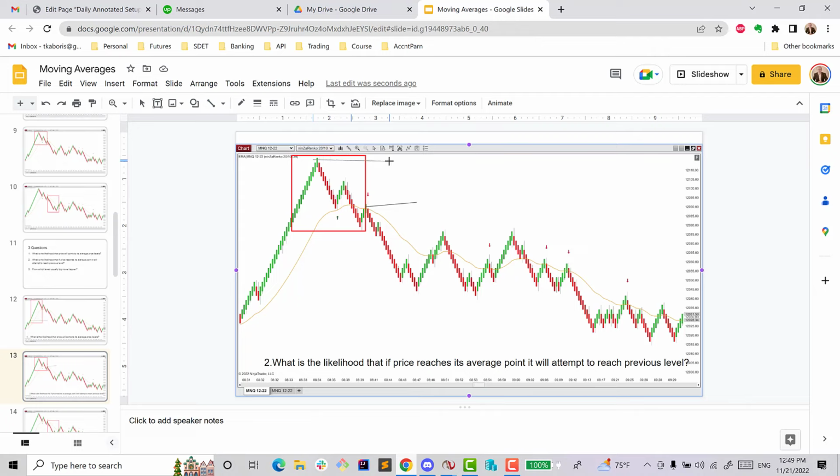What is the likelihood that if price reaches its average point, which is here, it will attempt to reach its previous levels? So from here, it's either going to go here, because this is the recent price level, or maybe you can argue it would be here. That'll be okay.